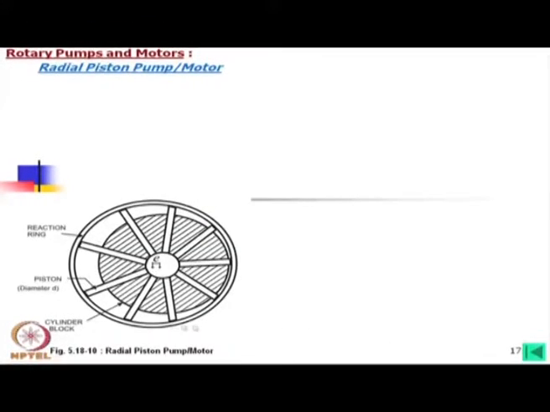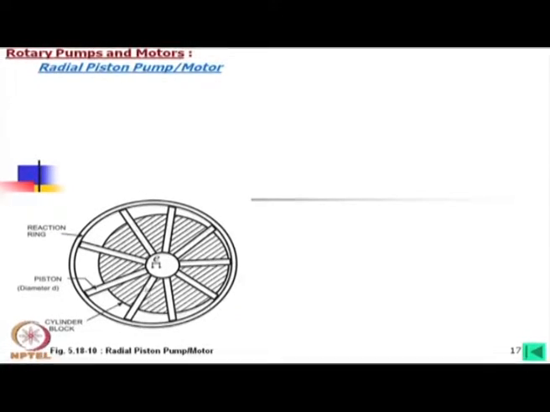Now, this looks like the vane pump, the figure is very poor in that way, but this is basically a radial piston pump. These are not vanes, rather we should consider these as cylindrical bodies.